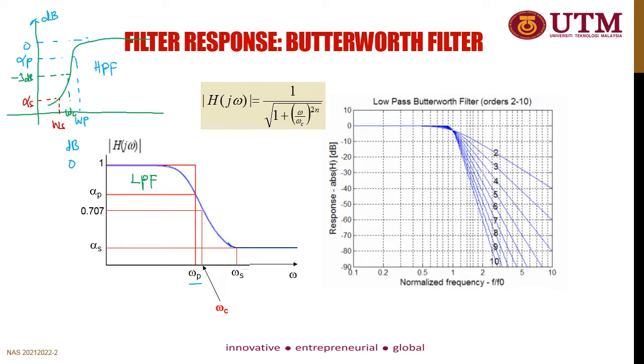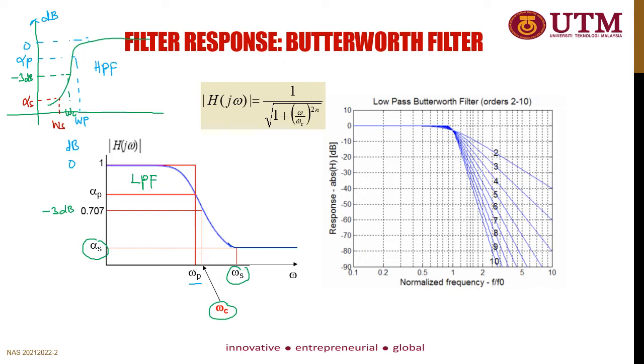While for the low pass filter, again here is minus 3 dB. So you have the omega c, and then alpha s, you have the omega s for the low pass filter, or low frequency filter. But for the high pass filter, you'll have the passband area on the right hand side.